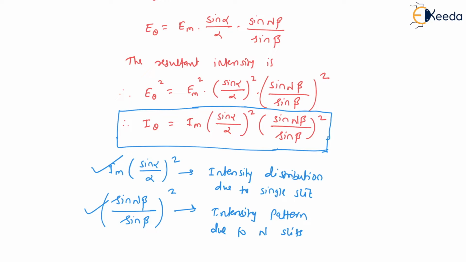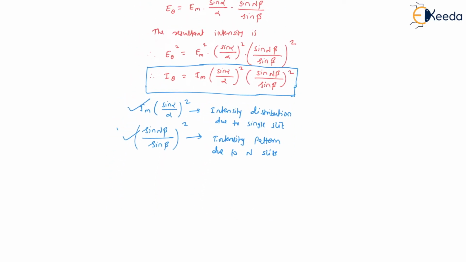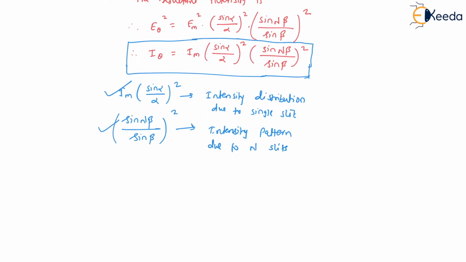Now this equation is the general equation for n number of slits. If the number of slits is 1, we'll check whether this equation is correct.